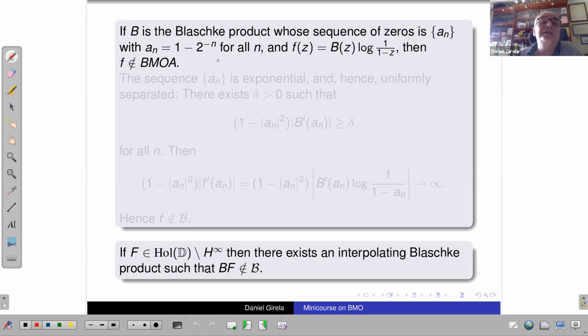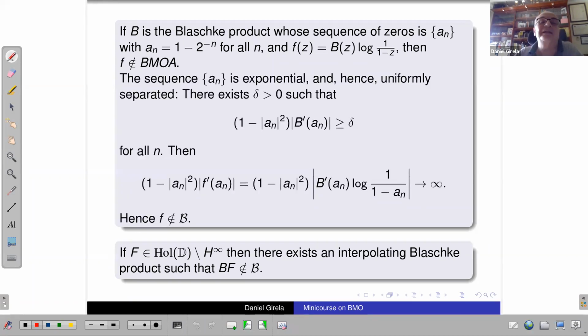Why is this? This is easy, because since this is an exponential sequence, it is uniformly separated. I'm not going to explain it, but uniformly separated means that there exists a positive delta such that (1 minus modulus of a_n squared) times |B'(a_n)| is bigger than delta for all n. And then it's just a computation.